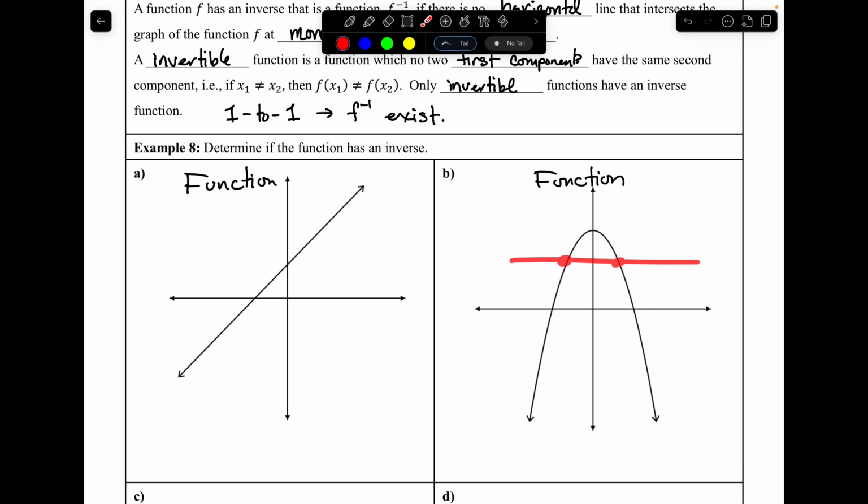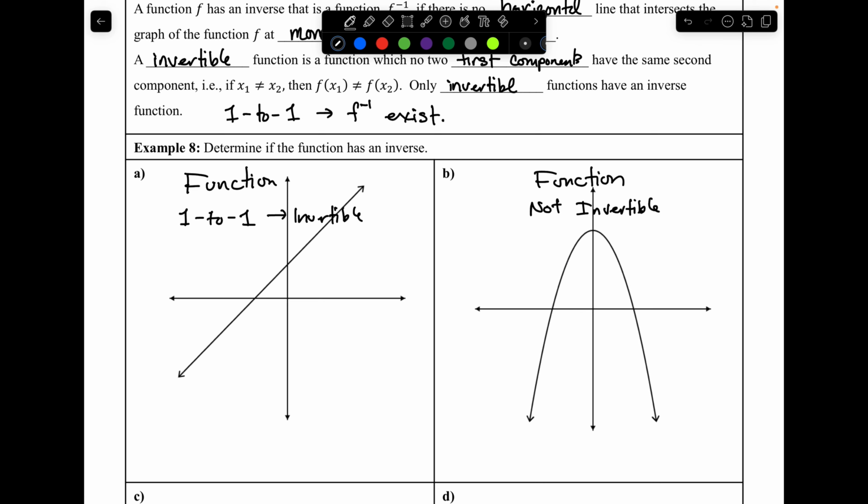Notice that this horizontal line intersects the function at two locations. So that means that this function here is one-to-one, another way of saying invertible, okay? And this one is not one-to-one. It is not invertible. Well, what does that mean in terms of the inverse?